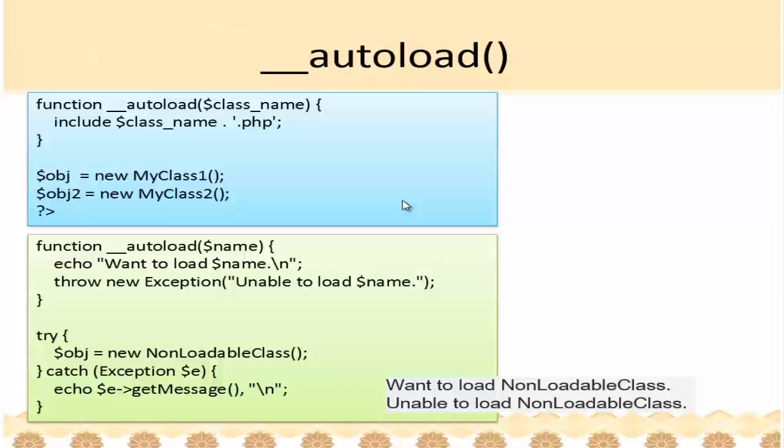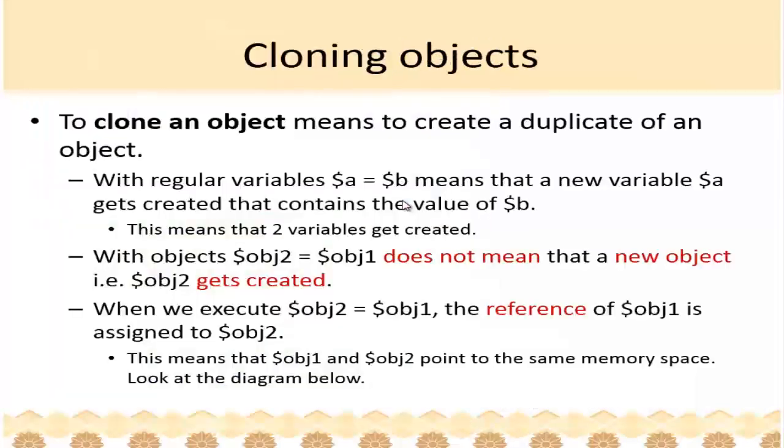If you write $student = new Student and it is not already included, it is automatically included. That's the use of autoload. And if you feel that when it is not loaded the program should not continue, you can do this one. Here, instead of loading, you just throw an exception saying that the class was not included for some reason, and I'm not going ahead with the code.